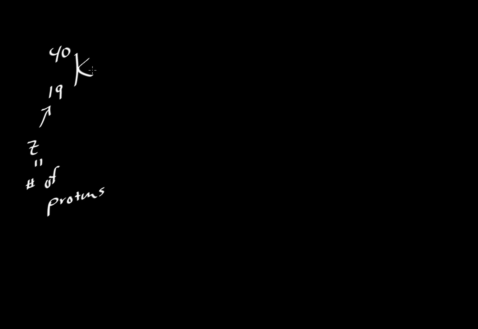So it's somewhat superfluous to write both of these, but we're going to write that subscript here as an accounting measure to help keep track of what's going on. And then potassium 40, up here we have A, the atomic weight.